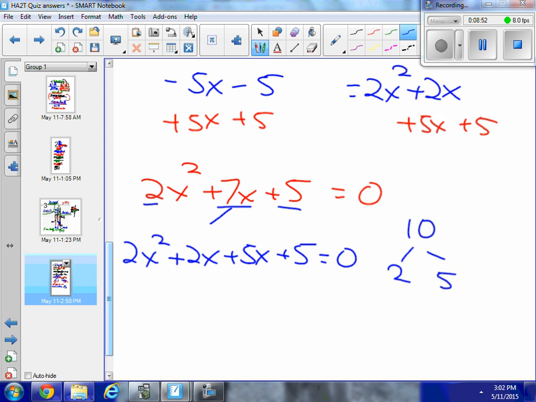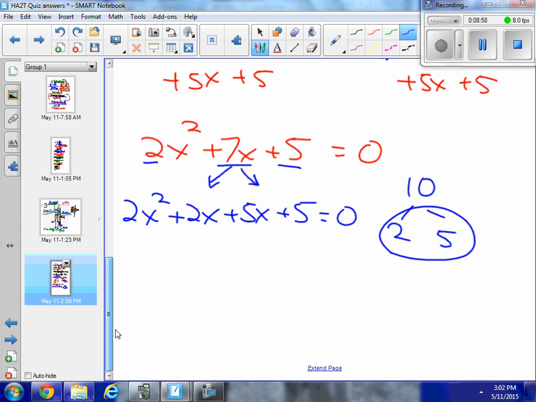All I did was change my 7x into 2x and 5x because of the surefire method. Now I'm going to group. So I'm going to group this, and I'm going to group that. Out of this binomial right here, I can pull out a 2x, and I'm left with x plus 1.